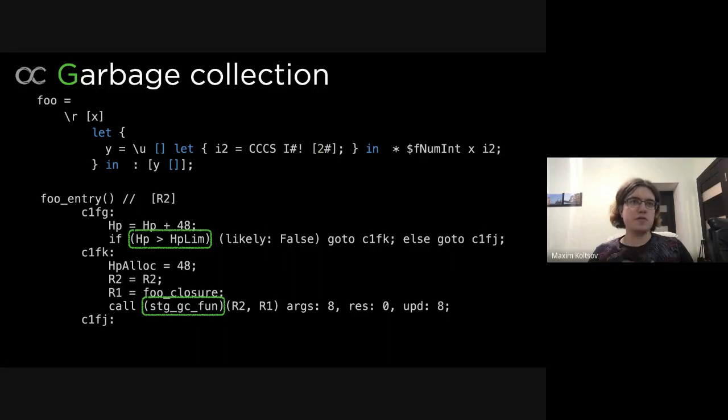You see on the previous line, HP plus 48. And if it cannot allocate as much memory, it will call GC. So this is a further reminder that in Haskell we have stop the world garbage collection.